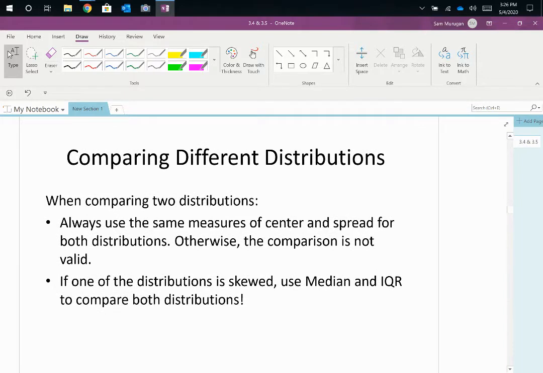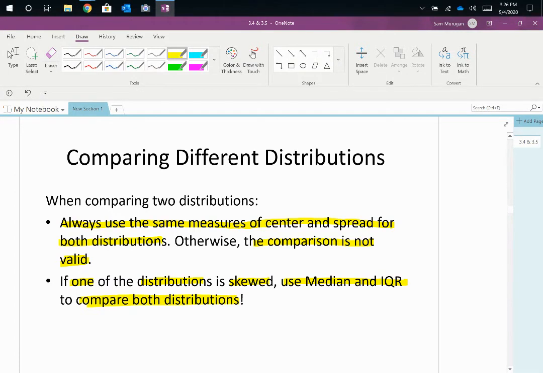When comparing two distributions, always use the same measure of center and spread for both distributions. Otherwise, the comparison is not valid. If one of the distributions is skewed, then use median and IQR to compare both distributions. Because one is skewed, you would need to use the median and IQR.